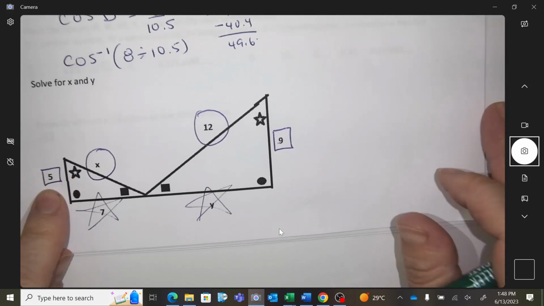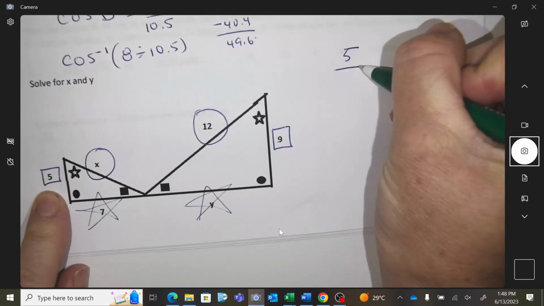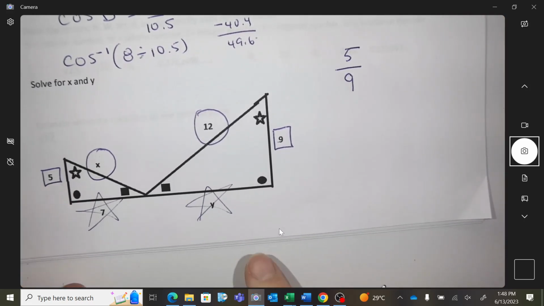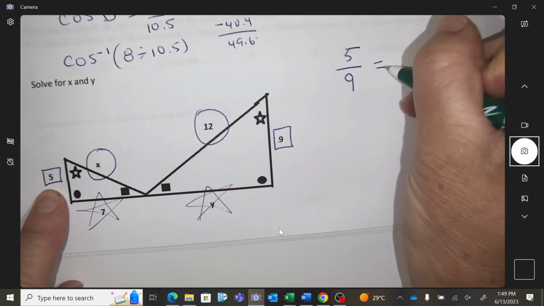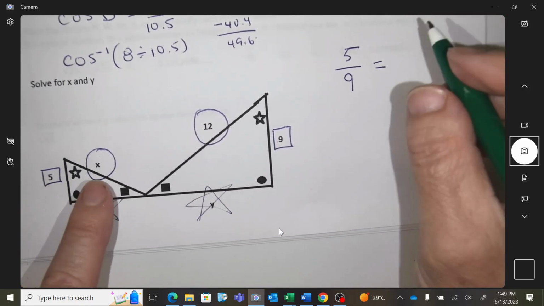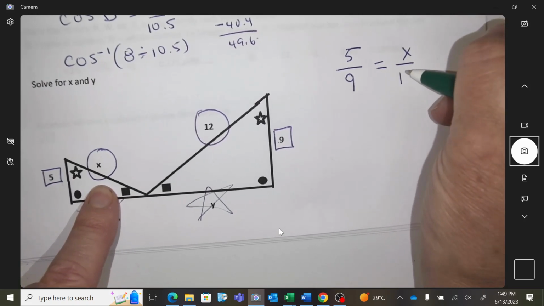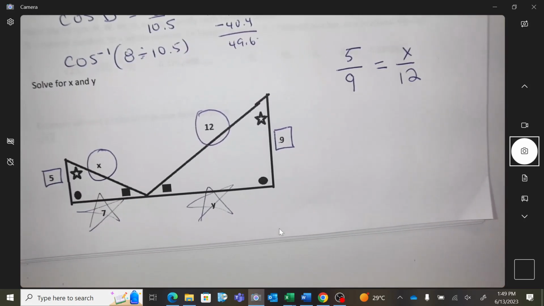So the small square over the big square is the same ratio as the small circle to the big circle. Does that make sense when I'm saying it like that? Small square to big square is equal to small circle to big circle.